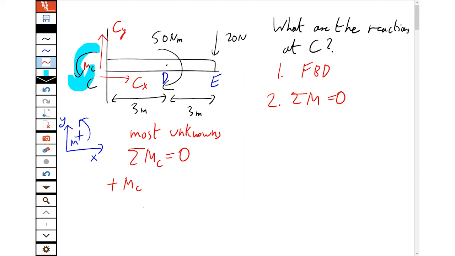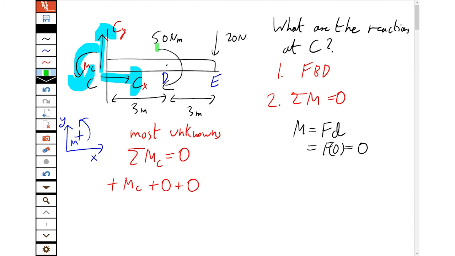That doesn't disappear because it's acting at the pivot. The forces disappear because they're both acting at the pivot. Remember, the moment around a force is the force by the distance from the pivot. And if that distance is 0, then the moment is 0. So the moment due to the horizontal force at C and the vertical force at C is 0.